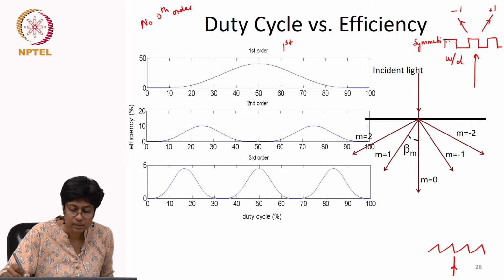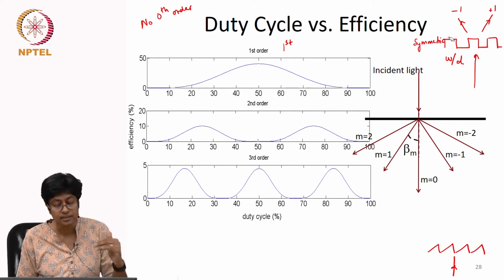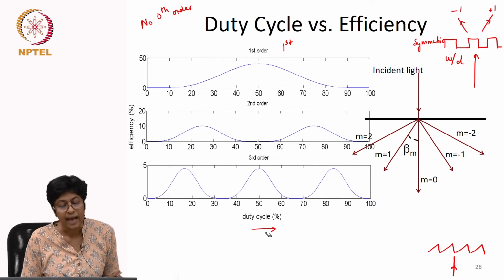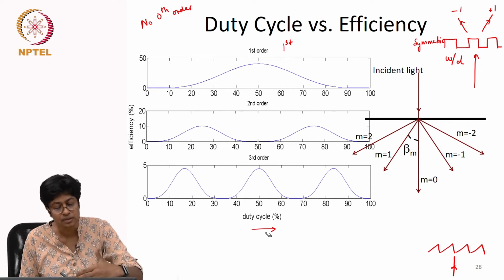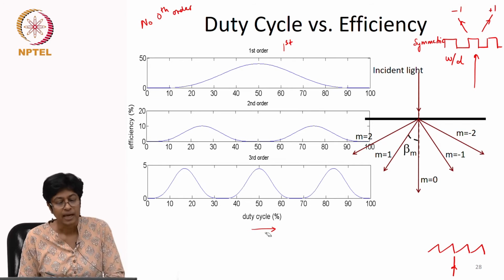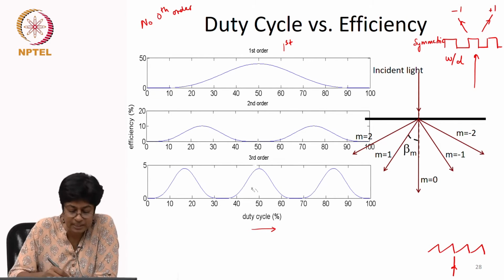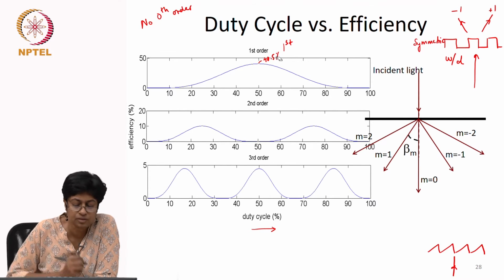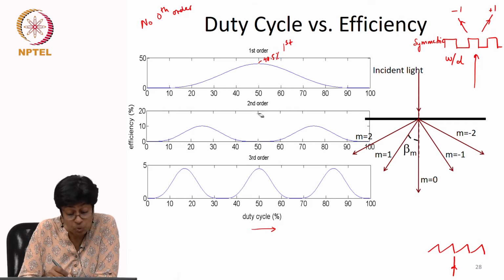Okay? So in this structure, in these graphs, we are varying the duty cycle and looking at the efficiency in the first order, the second order, and the third order. And you can see at 50%, the first order has, it's actually 40.5%, is the efficiency. There is no second order.